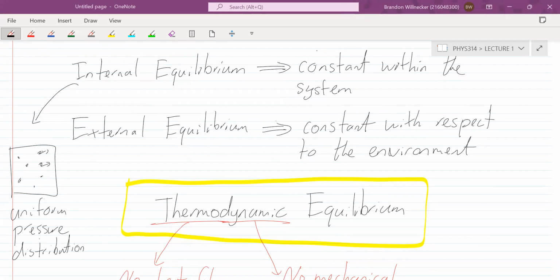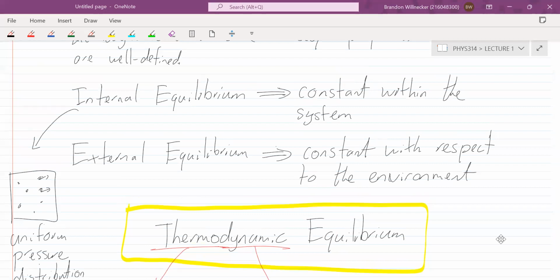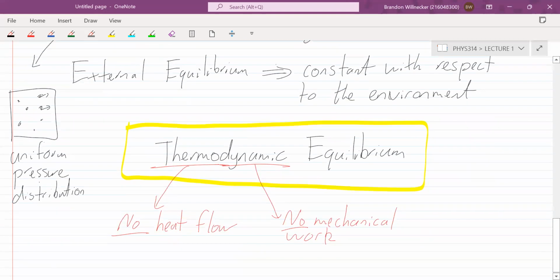Okay, so that is equilibrium. And then remember that's split up into two parts. You can have internal equilibrium, so that's constant within the system. External equilibrium, constant with respect to the environment. So same temperature, same pressure, same number of particles in that case.